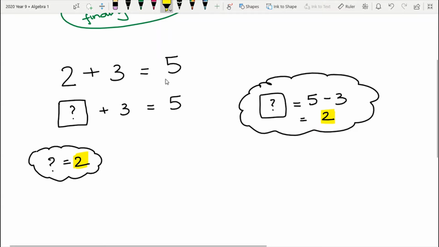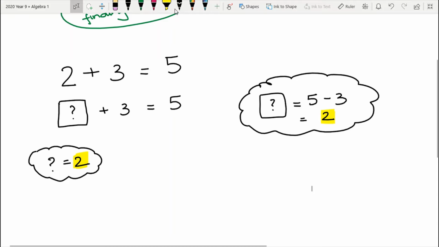We do the exact opposite of what's been given to find out what's missing, which is the same as detective work. The detective work is to unfold the story, to work backward and see who's the real culprit.